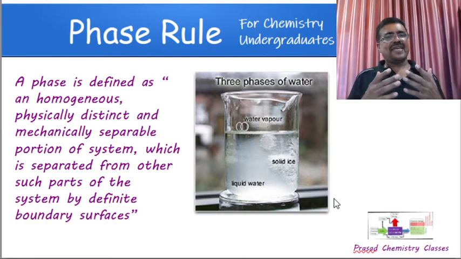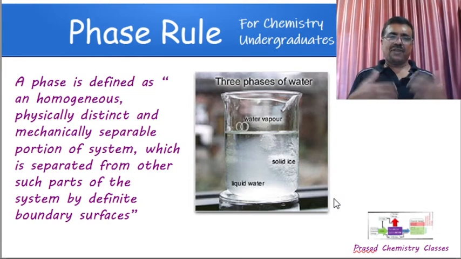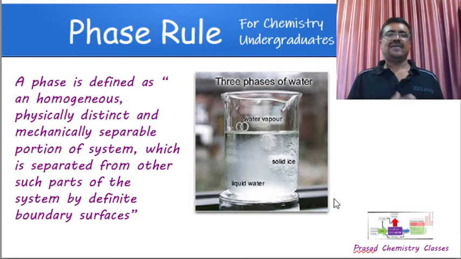Then we can have completely immiscible liquids like benzene and water. They will form two different phases. Or phenol and water, which are partially miscible, then also you will get two phases. That will be a saturated solution of water in phenol and phenol in water. All solids usually form different phases, except for solid solutions that we will come across later.